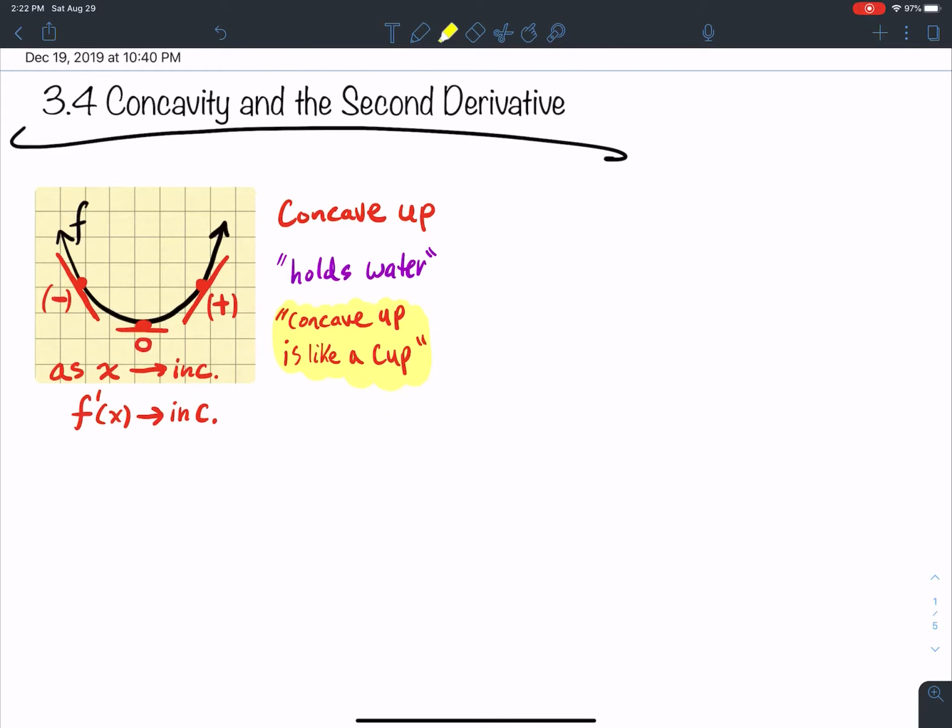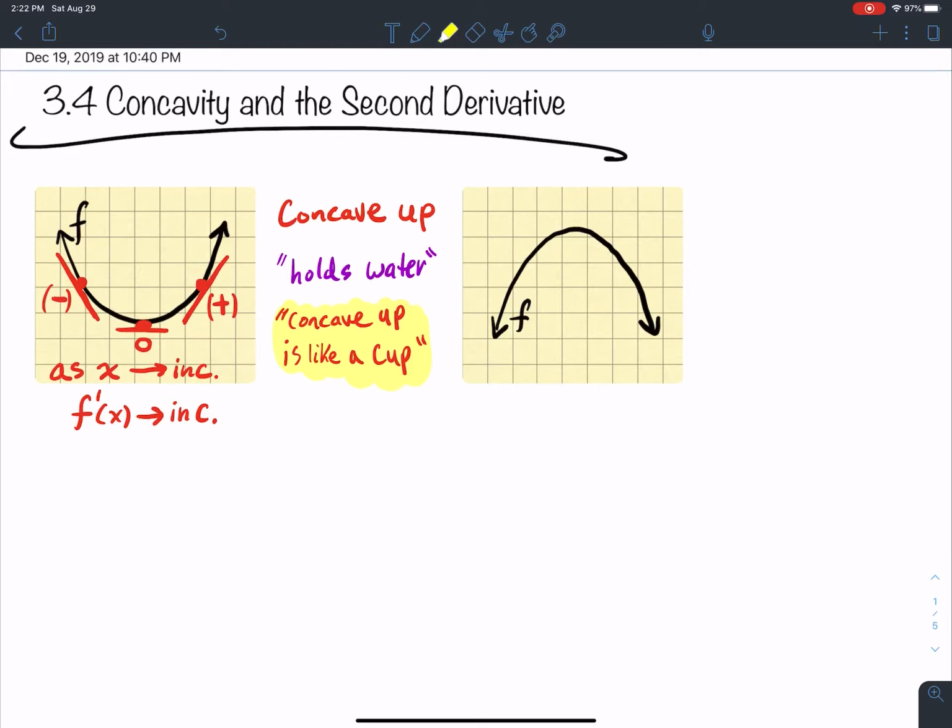Okay, now this one here, if this was concave up, guess what this is? This is going to be concave down. Concave down here, as x is increasing, as we go this way for x, the derivative is positive here. When I get up to here, the derivative is 0, and then whenever I increase x on this side, I get a negative derivative.